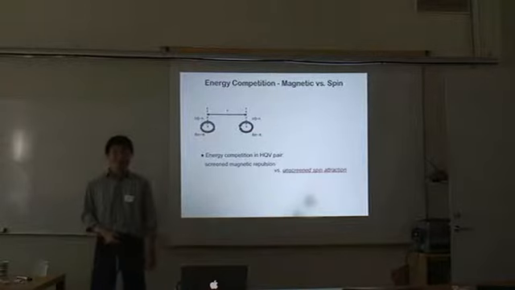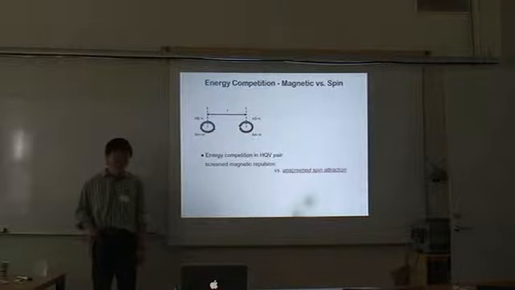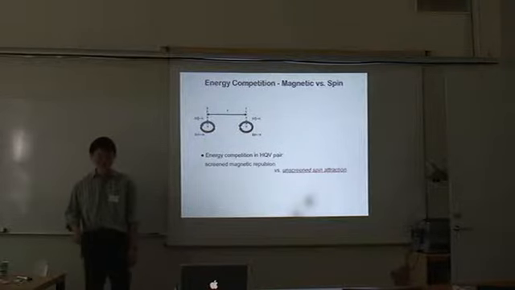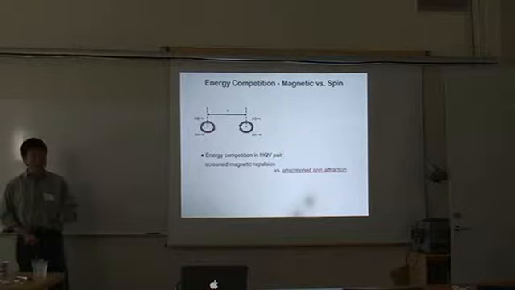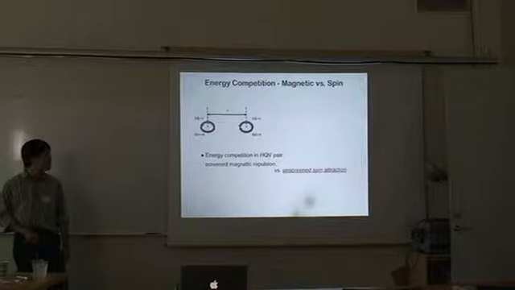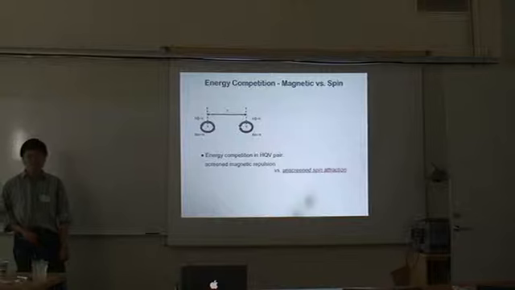But the case I mentioned in the previous slide may have been rather unfair for the half quantum vortex, because one half quantum vortex and one conventional vortex are simply not topologically equivalent. So maybe we should think about a pair of half quantum vortices that would be topologically equivalent to one conventional vortex.